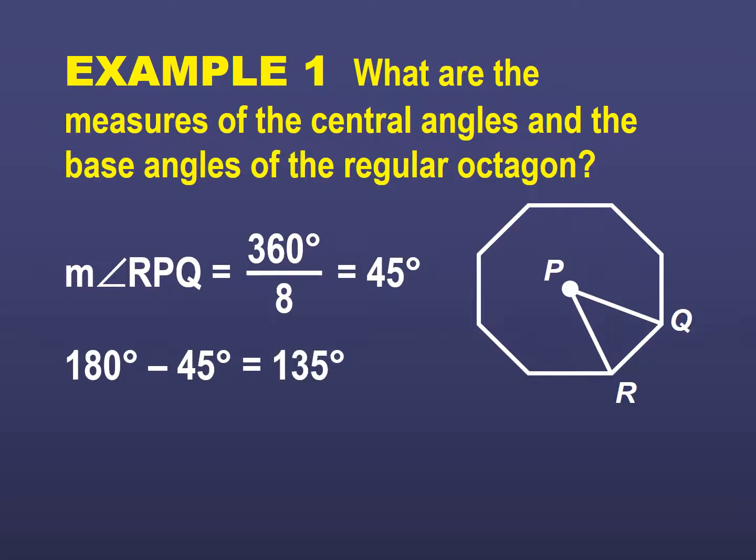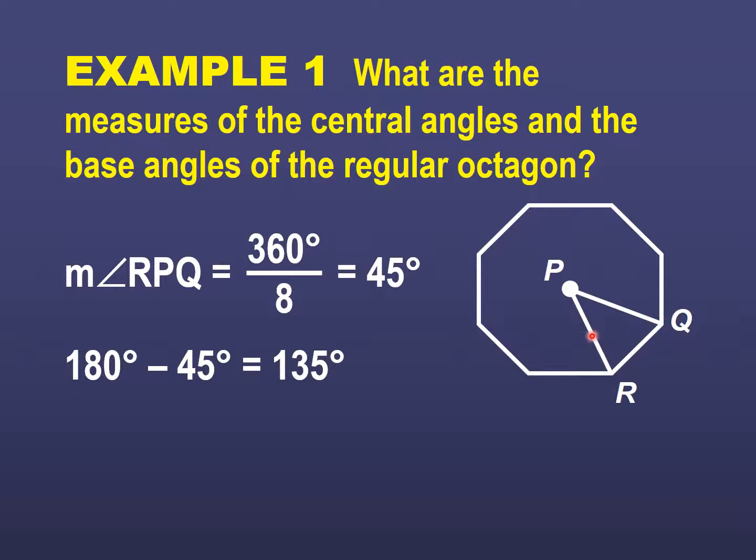And then to figure out the base angles, these angles here, angle R right here and angle Q right here, we know this is a triangle that adds up to 180. So if this is 45, then these two angles have to add up to 180 minus 45, which is 135.